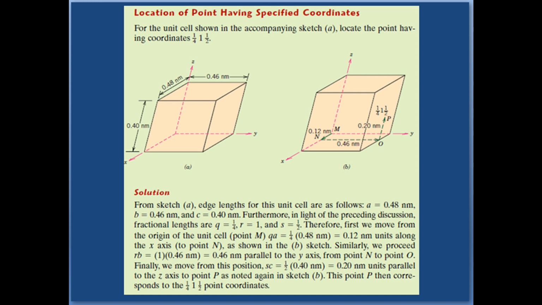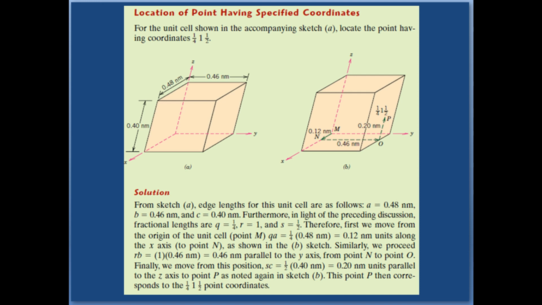Finally, we move from this position by sc. sc is equal to 1/2 times 0.40 nm. The coordinate s is 1/2 and the edge length of the unit cell c along the z-axis is 0.40.